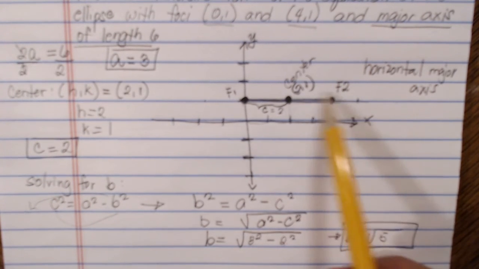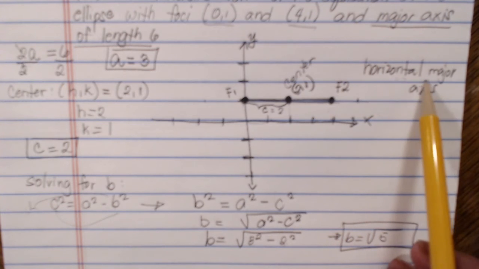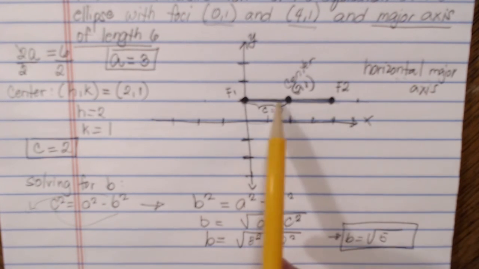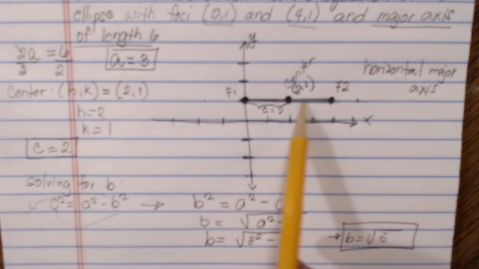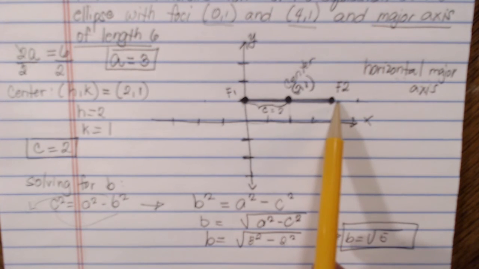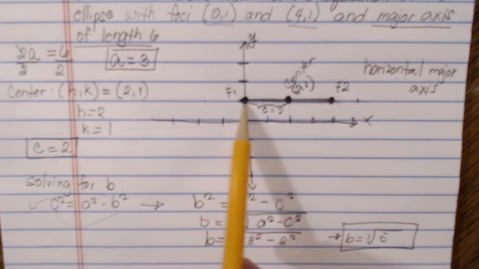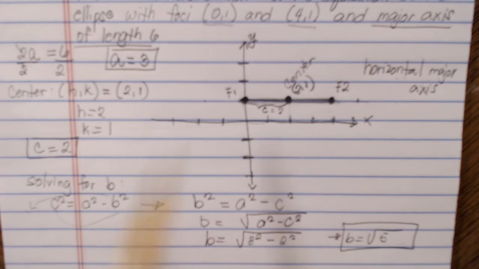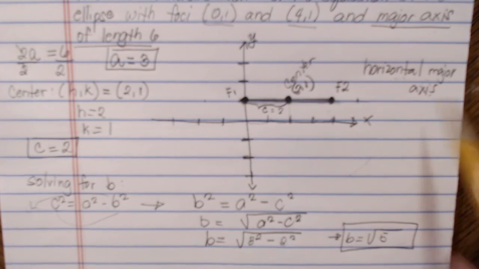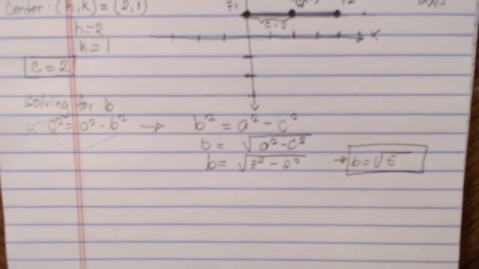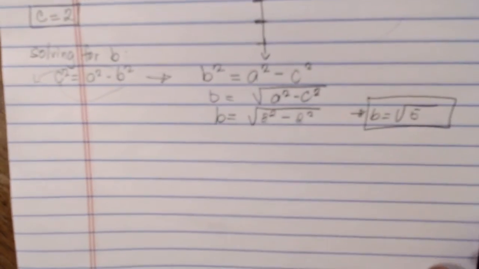I don't even need the vertices, because I already know the major axis is horizontal: when I plot the two foci and connect them, it makes a horizontal line. So because the major axis is horizontal, I can now use the formula.